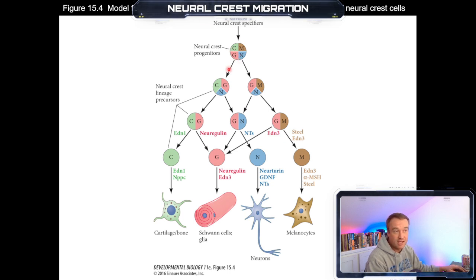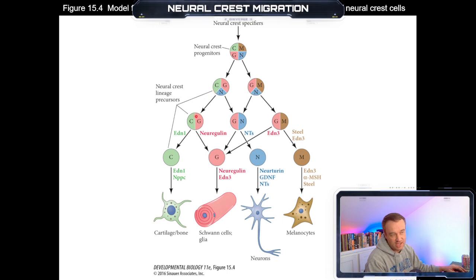They haven't really become their final form yet. We don't have the gene for this, but they differentiate into these two different types. These can be either cartilage, glial, or neurons. This subset can either be glial, neurons, or melanocytes.